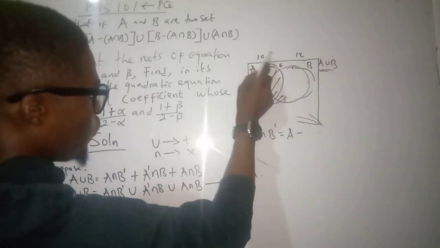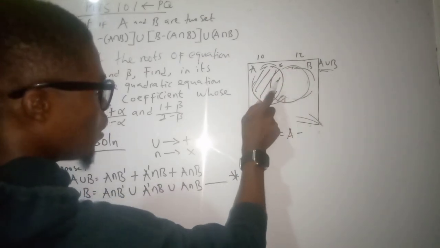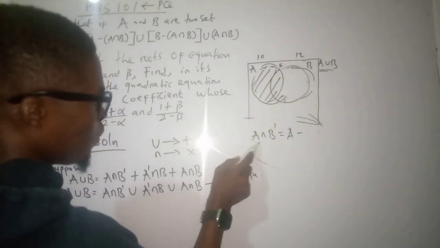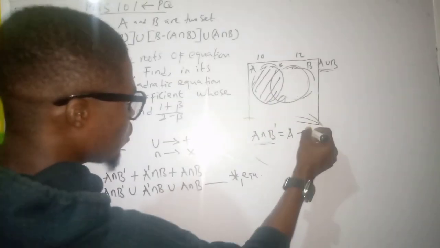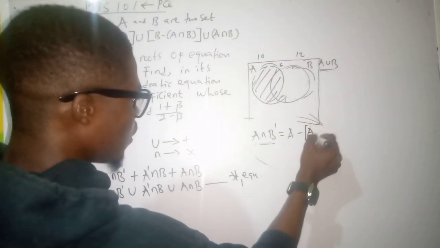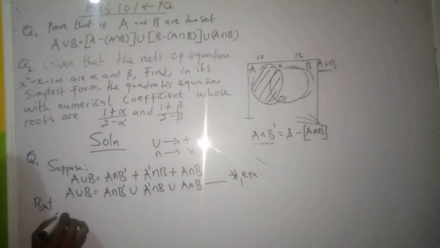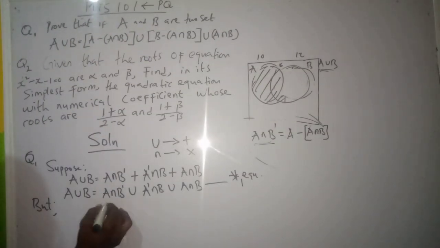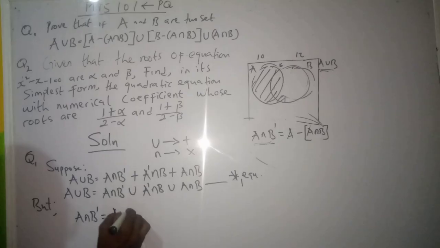So you have to subtract this 5 from this one to give you exactly A. So the exactly A representation is equal to this circle of A minus the intersection, that's A intersection B. So the expression for exactly A, which is A intersection B prime, is equal to A minus A intersection B.